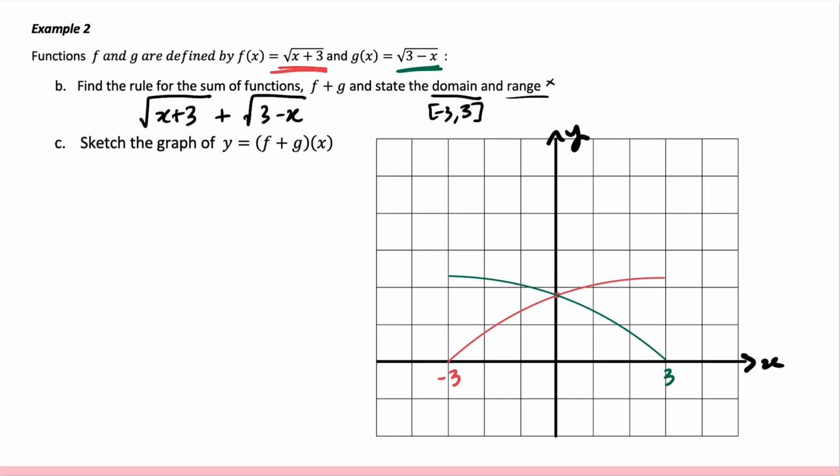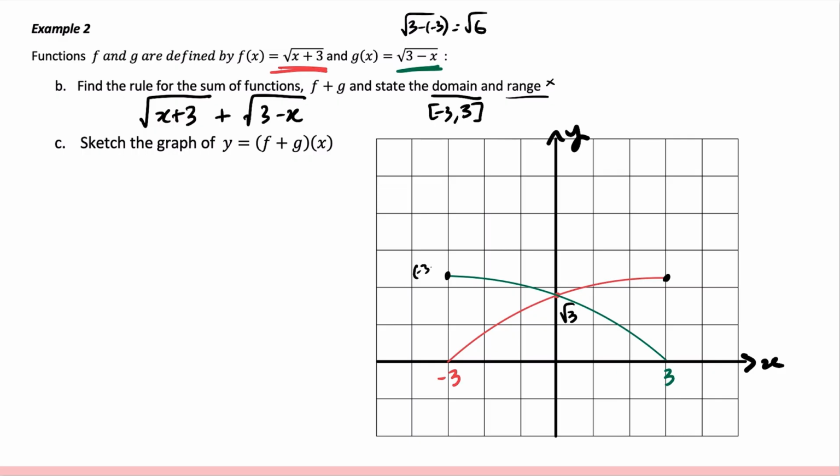Okay, we can label all of our key points. So we've got our -3, 3, and our y-intercept. I'm just trying to find the endpoints now, because that will also help me. So with the green function, when x is -3, I get √6.